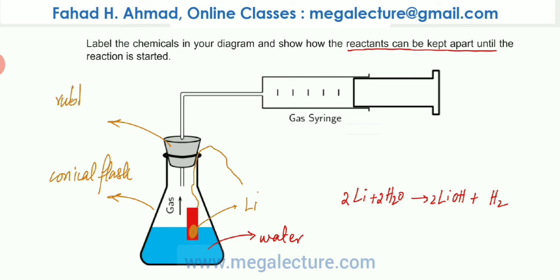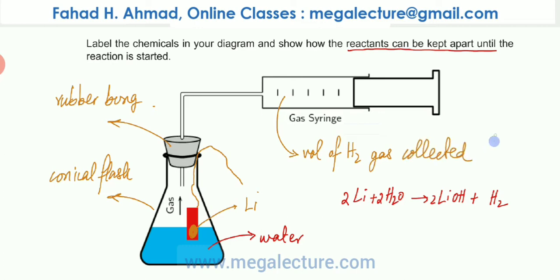So it's a rubber bung. So we've pretty much labeled everything in the reaction. We'll also explain just to be a little bit more efficient. This is the place where volume of H2 gas is collected and measured.